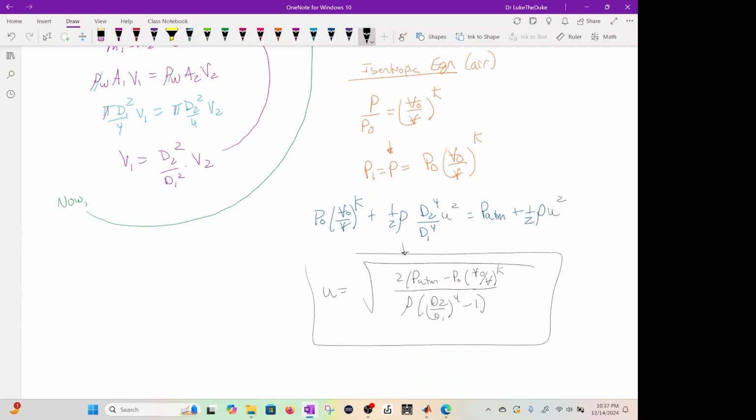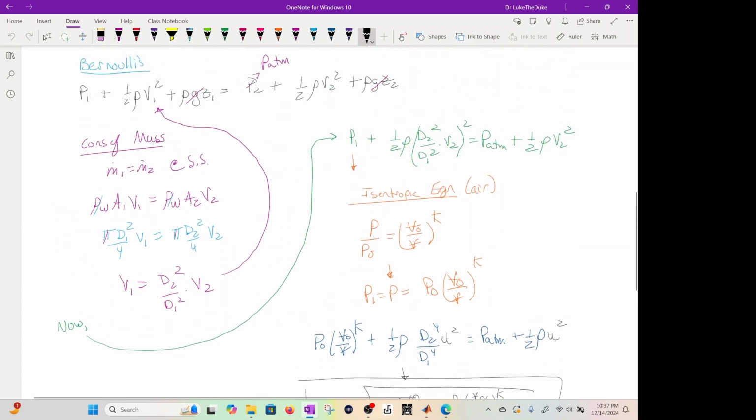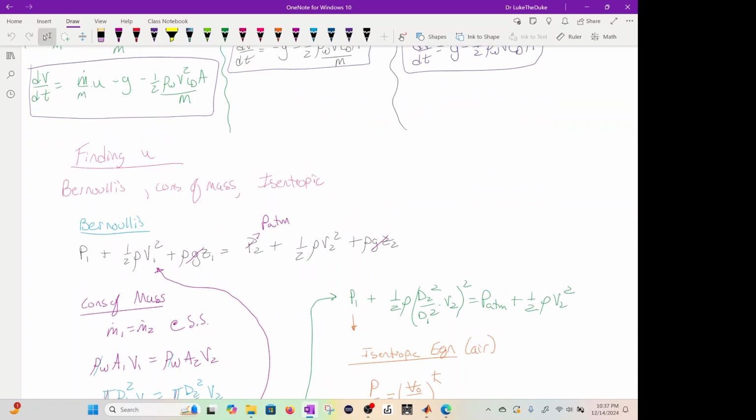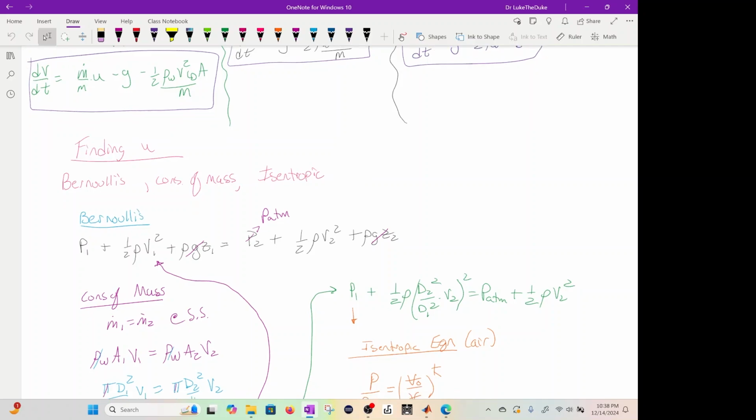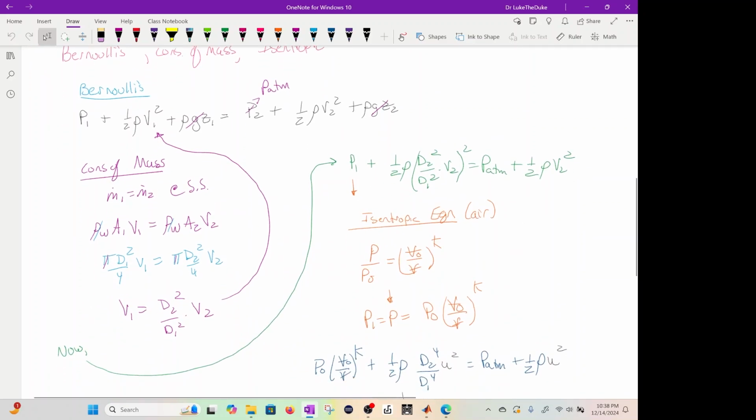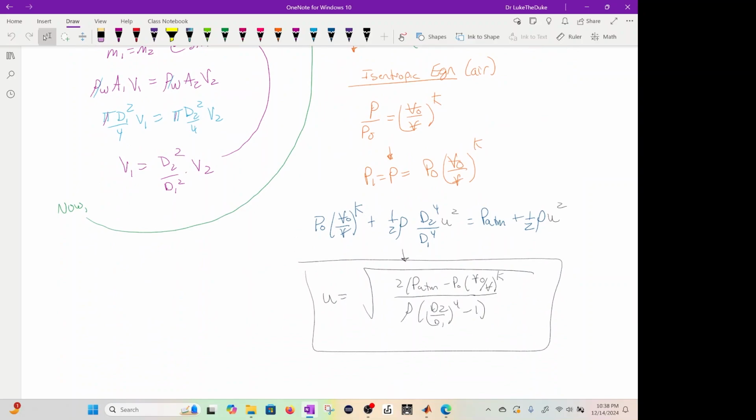So this is our exit velocity that we need to use. Just to recap, we had to use Bernoulli's from inside the bottle rocket to outside. So we had to use 3 sets of equations: Bernoulli's, conservation of mass, and the isentropic process to determine the exit velocity as that water shoots out.